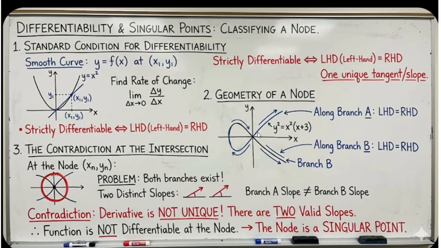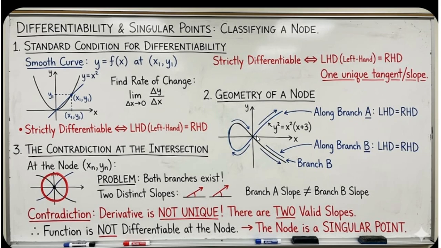If there is no other branch, you can say that it is definitely differentiable. But whenever there is one more branch B at the same point, it gives two values for the change in the output per unit change in the input. If you don't consider branch B, then definitely it is also differentiable.